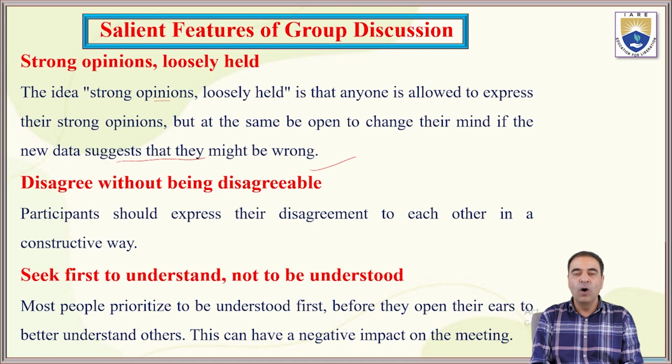In fact, one should disagree if one finds that the opinion or the idea is against facts, against data. One should disagree, but in a very constructive manner. That's why we say disagree without being disagreeable. We can disagree, but in a very constructive manner.